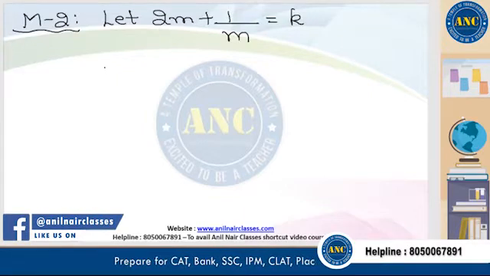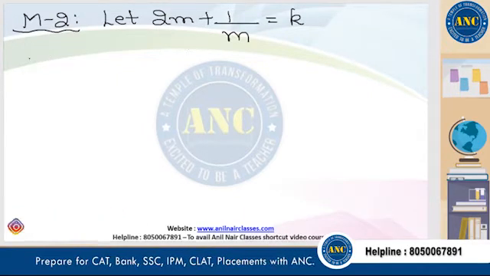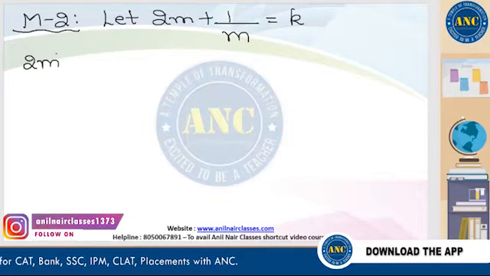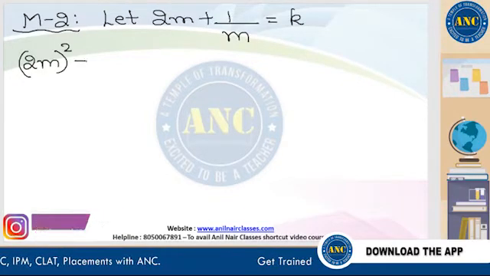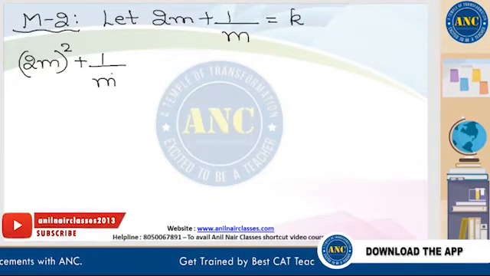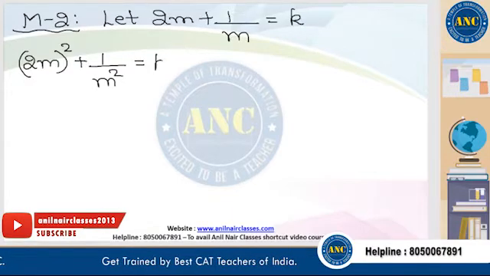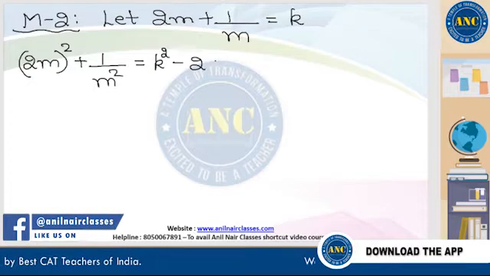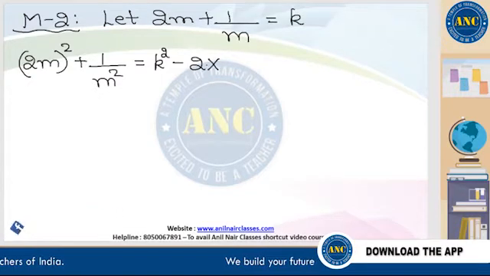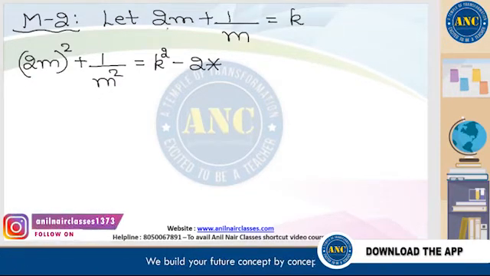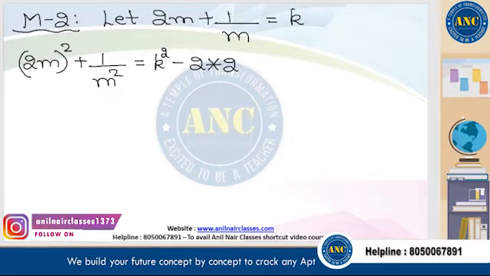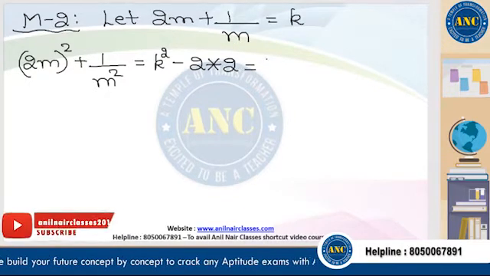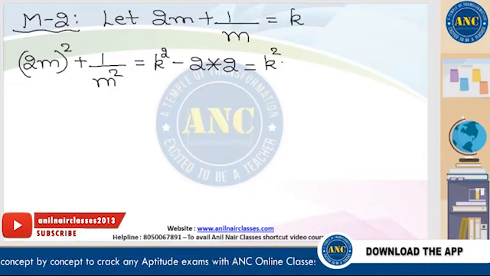Now can I say from this that if 2m plus 1 by m is k, then 2m whole square plus 1 by m whole square is nothing but k square minus 2. But I cannot just stop at k square minus 2. I should multiply by the coefficient of m, that is 2, and the coefficient of 1 by m, that is 1. So this value is nothing but k square minus 4.